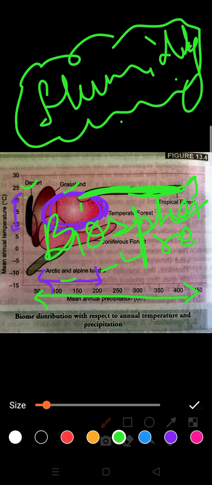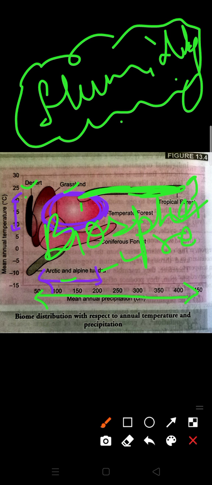Next is the temperate zone, with winter and occasional snow, like in our area, and mixed coniferous forests are present. The last one is the Arctic and Antarctic zone, where temperature is always below 7 degrees Celsius. Severe, prolonged winter with abundant snow is there. Which type of vegetation is present in Arctic and alpine tundras? Only Arctic vegetation is present.